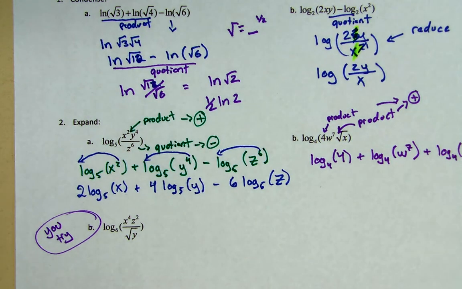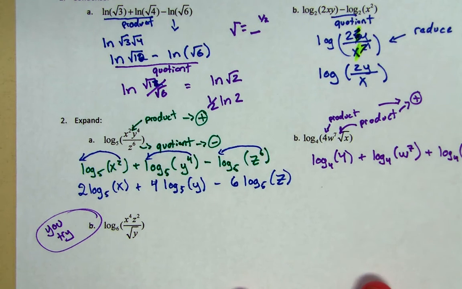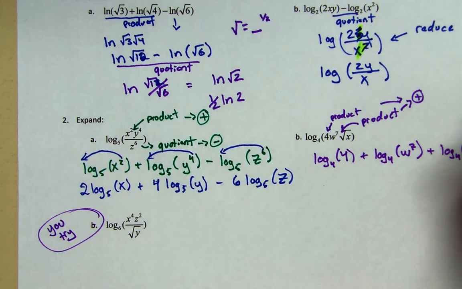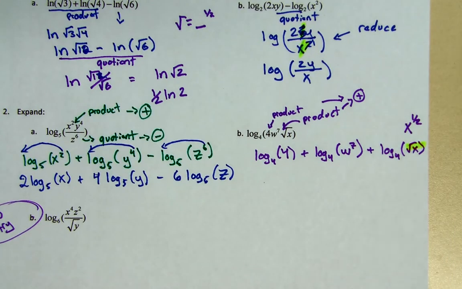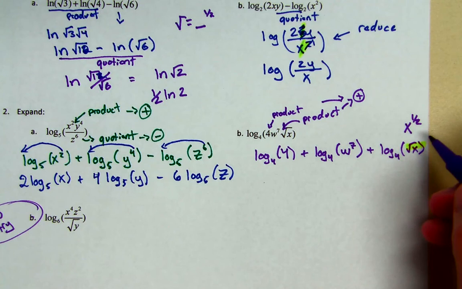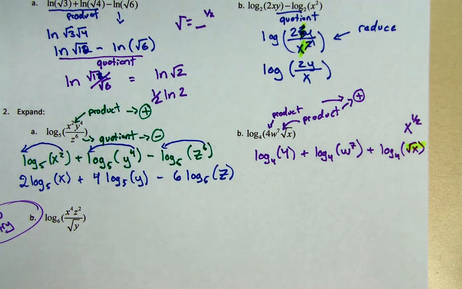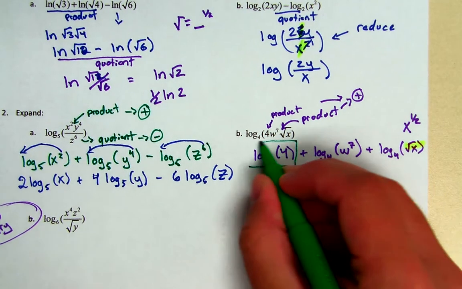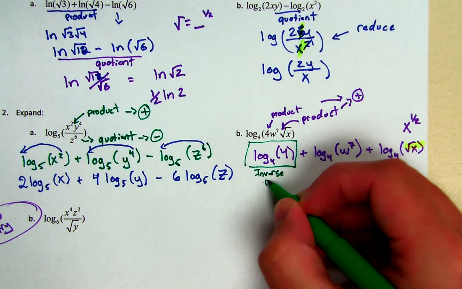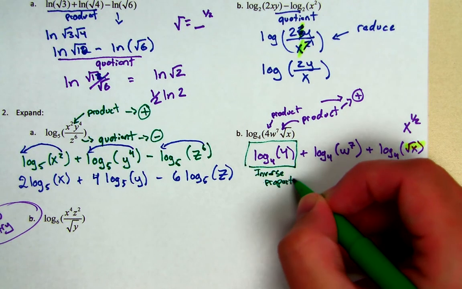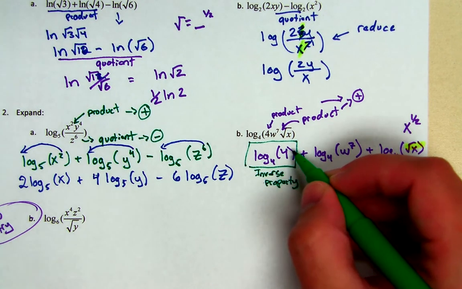Now remember that the square root of x here can also be written, and should be changed, to x to the 1/2 power. Oh, sorry, that was off the screen. So you can change that, and you should change it to x to the 1/2. So we see that power. Right here, that is your inverse property. So that tells me log base 4 of 4, what's left?